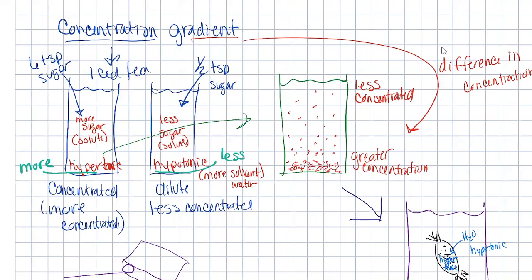We still have a lot of dye at the bottom and less at the top. It's starting to move a little bit. We call that movement diffusion.